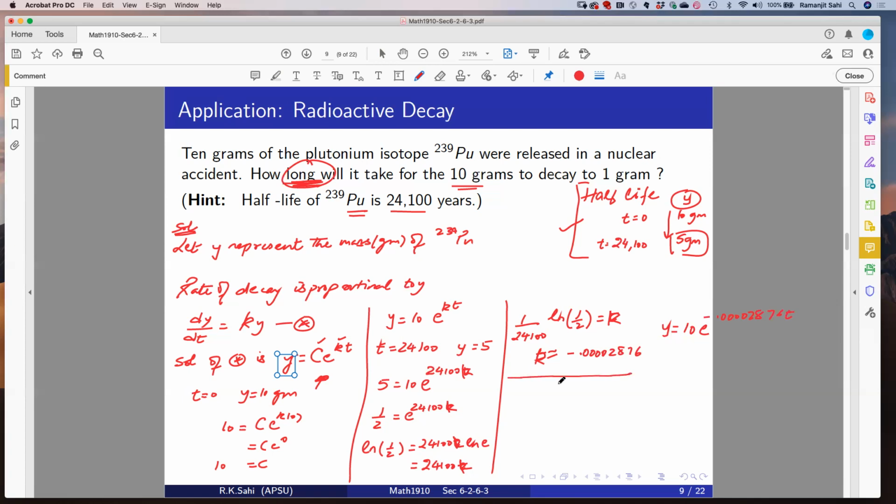So how much t, so that 10 grams becomes 1 gram. 1 equals 10 e to the power negative 0.402876t. You can do the computation now. T is approximately 80,059 years.